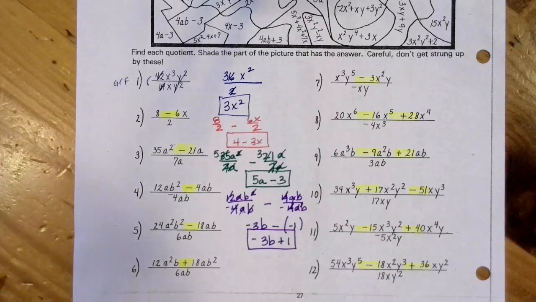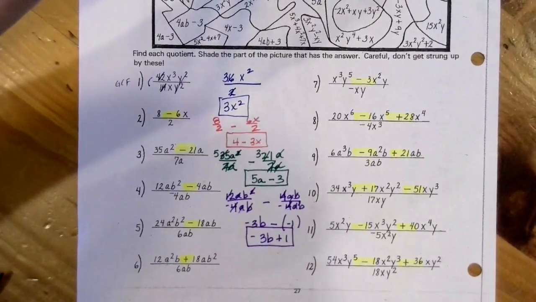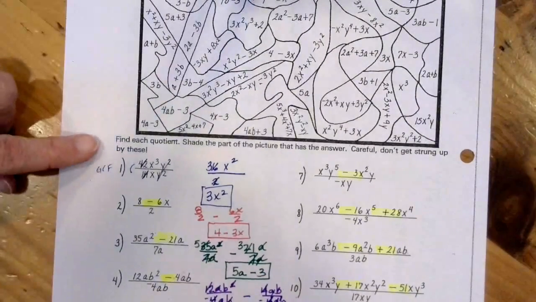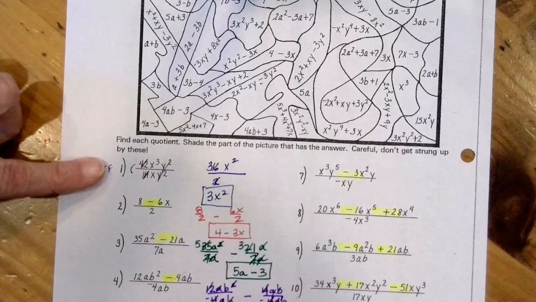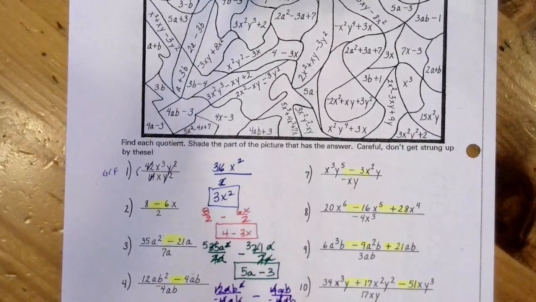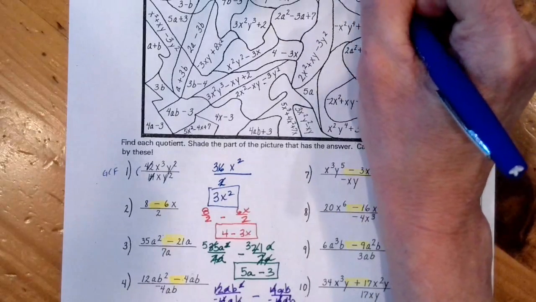Alright, so as you get your answers, your instructions are to find each quotient and shade the part of the picture that has the answer. And careful, don't get strung up by these. So when you color in where you see your answers, like here I see 3b plus 1, so we would color that in.